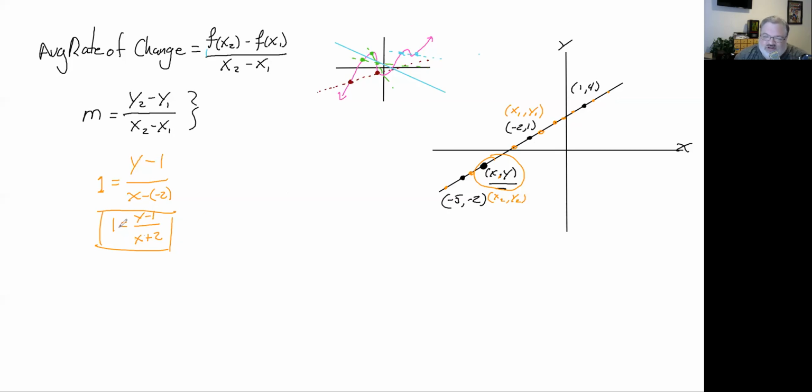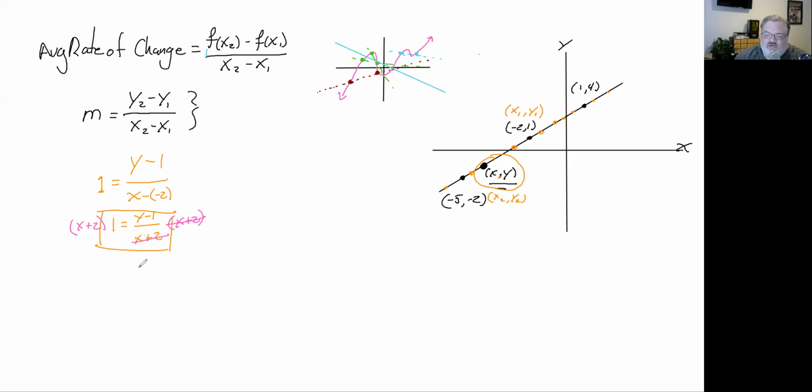But because this looks a little funny, why don't we clean this up and make something that might look a little more familiar? So to do that, I'm going to multiply both sides of this by x plus 2, because I don't like having that x plus 2 in the denominator. Those will then cancel.